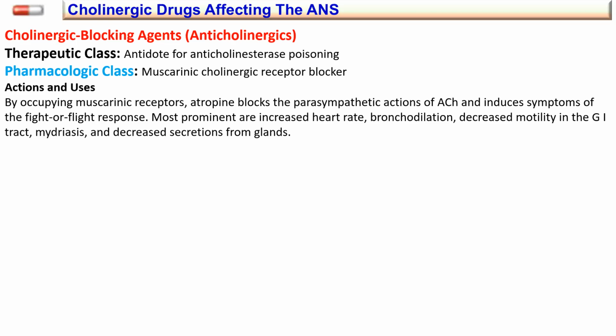So we sometimes prescribe atropine to treat hypermotility diseases of the GI tract, such as IBS, irritable bowel syndrome, to suppress secretions during surgical procedures, to increase the heart rate in patients with bradycardia, or to dilate the pupils during eye examination.